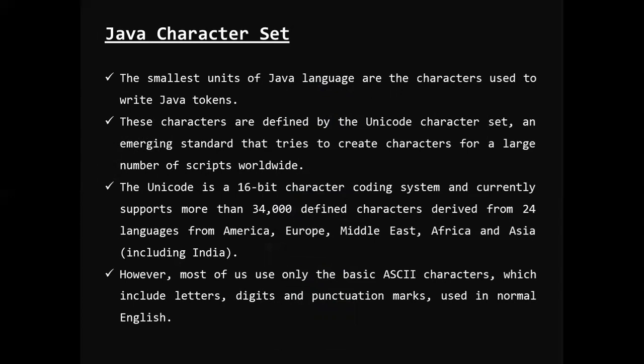The Unicode is a 16-bit character coding system and currently supports more than 34,000 defined characters derived from 24 languages from America, Europe, Middle East, Africa, and Asia, including India. However, most of us use only the basic ASCII characters, which include letters, digits, and punctuation marks, used in normal English.